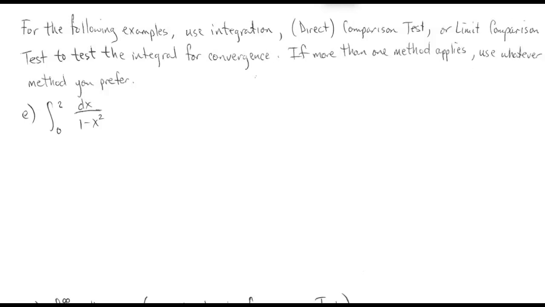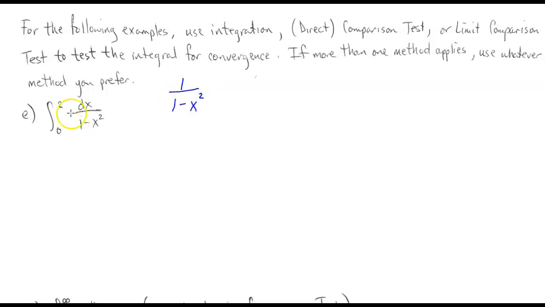So for this first example, we are considering the definite integral from 0 to 2 of 1 over 1 minus x squared dx. Our integrand is just 1 over 1 minus x squared.